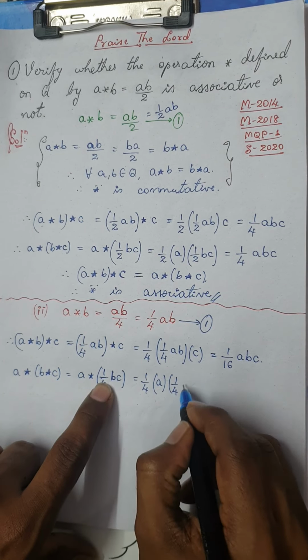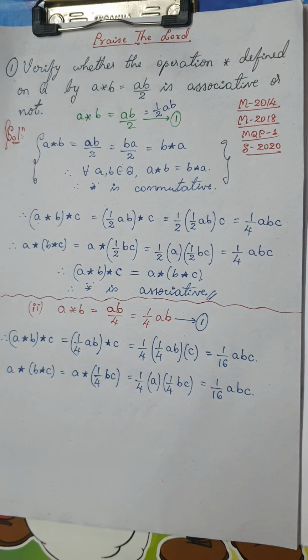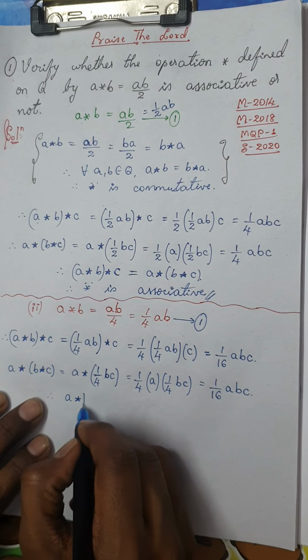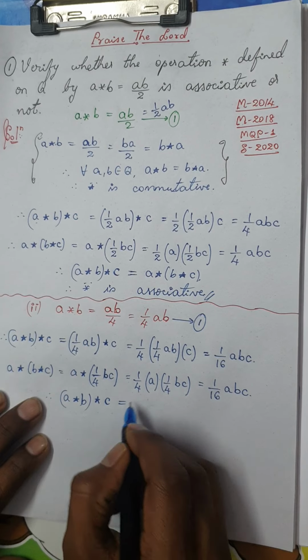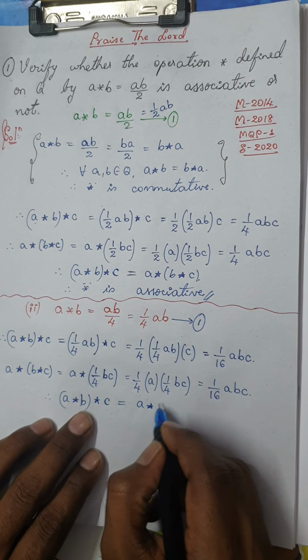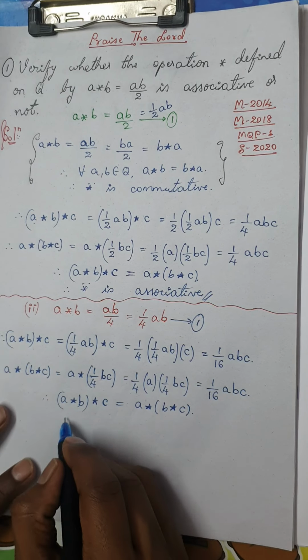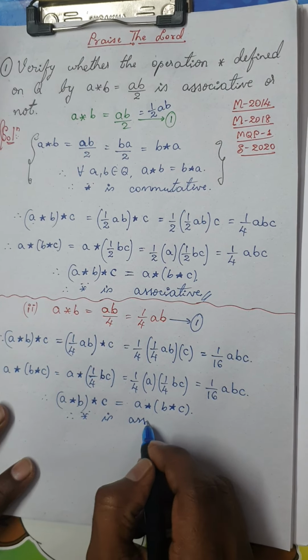Very simple this is. So this is nothing but again 1 by 4 into 1 by 4, it would be 1 by 16. Okay, so A into B into C would be ABC. Okay, therefore you can see here A star B star C is the same as A star of B star C. You can say therefore star is associative.